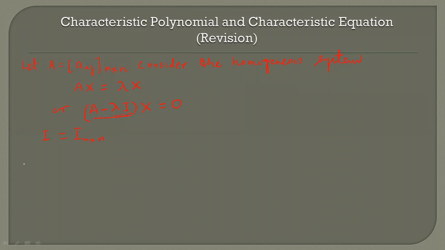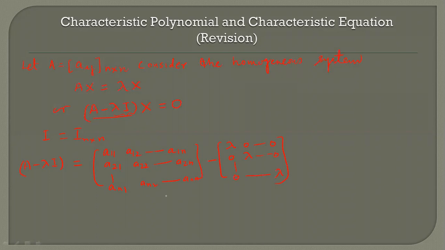If we take matrix A minus lambda I, it can be given as, if we write the matrix A11, A12, A1n, A21, A22, A2n, and so on, An1, An2, and Ann, minus lambda I matrix, which will be given as lambda 0, 0, 0, 0, lambda 0, and so on.